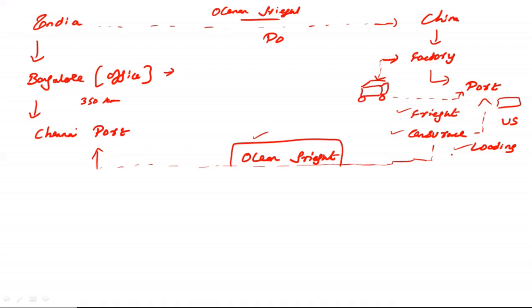We decided ocean freight. Now the second thing, who is going to bear all these charges? The vehicle coming from your factory to port, the freight, the insurance charges, loading charges, who is going to bear all this? If it is the supplier, then include all these charges and give me the base price.